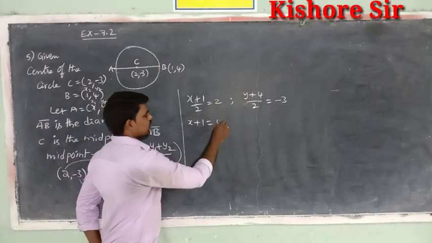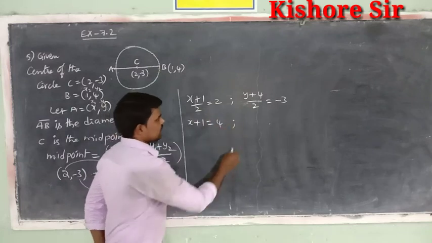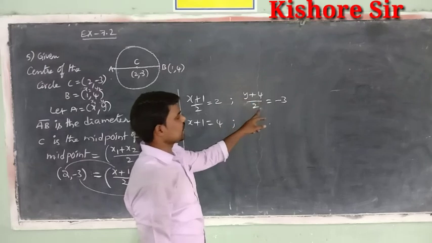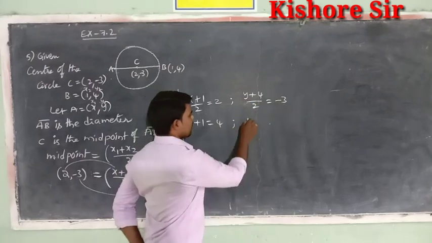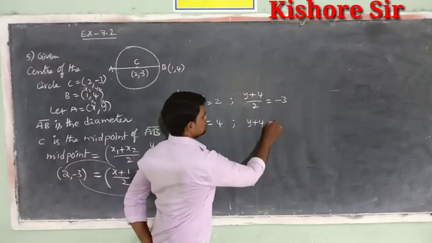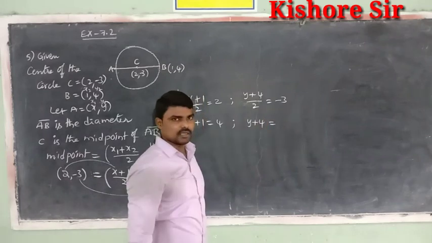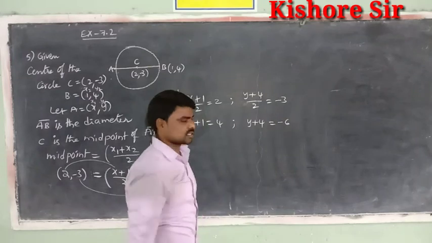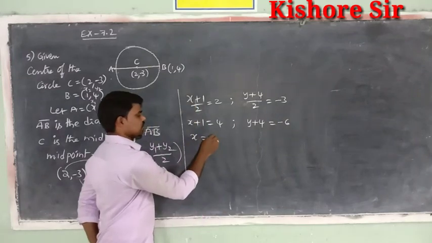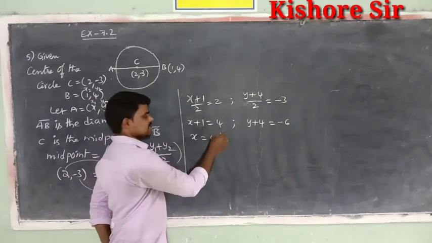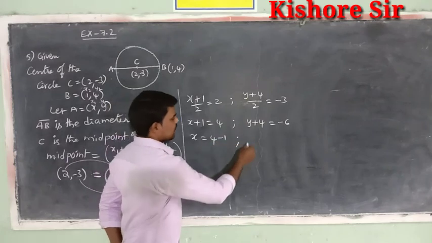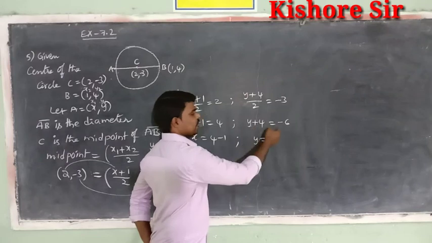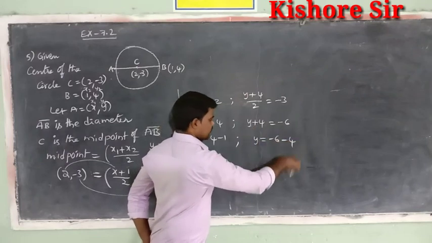2 2s are 4. And here also 2 is in denominator. So by division quantity becomes into quantity. Y plus 4 is equal to 2 into minus 3. 2 3s are 6. Here minus, so minus 6. X is equal to 4, plus 1 becomes minus 1. Y plus 4 is equal to minus 6, plus 4 becomes a minus 4.